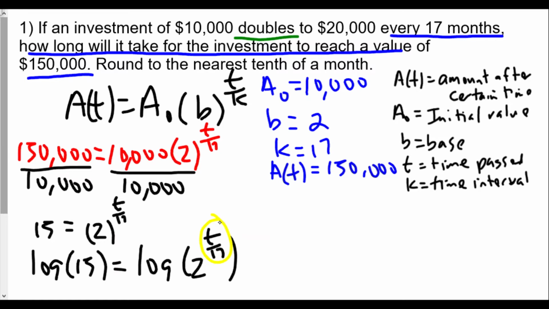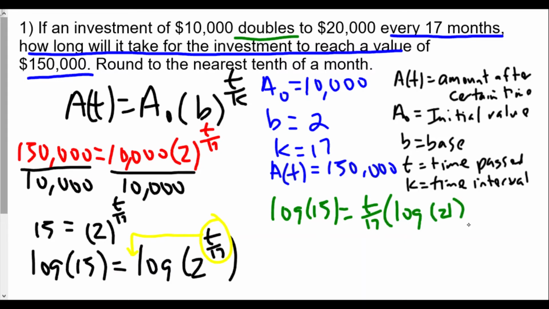Using our power rule, we bring this exponent down to the front. So now our equation looks like log of 15 is equal to t over 17 times the log of 2.